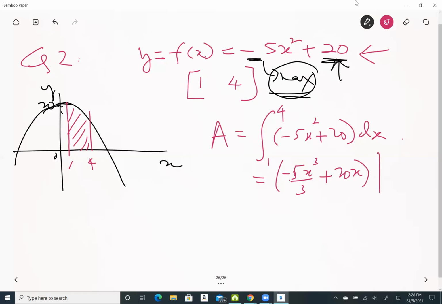And then you evaluate the integral from 1 to 4. I skip the step. Now, when you evaluate the integral at x equal to 4, what is the value? Anybody got it yet? Just share with us. The first person who gets the value at 4, let me know. And then get the value at x equal to 1.